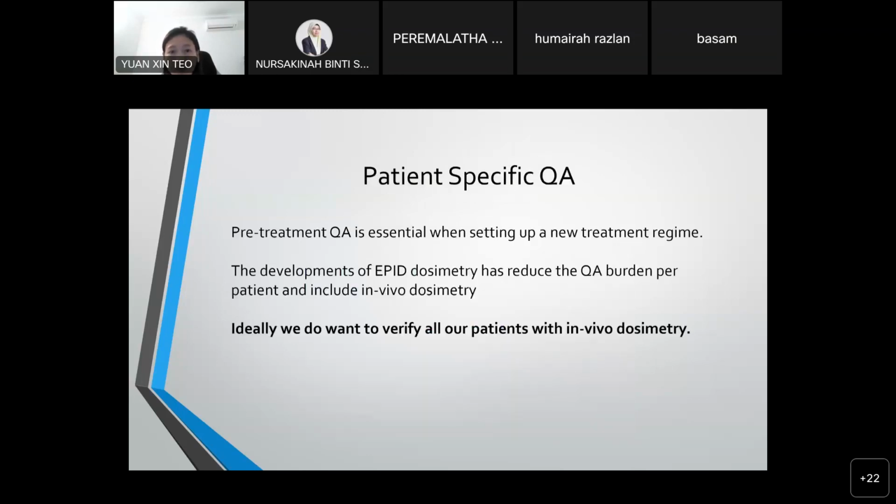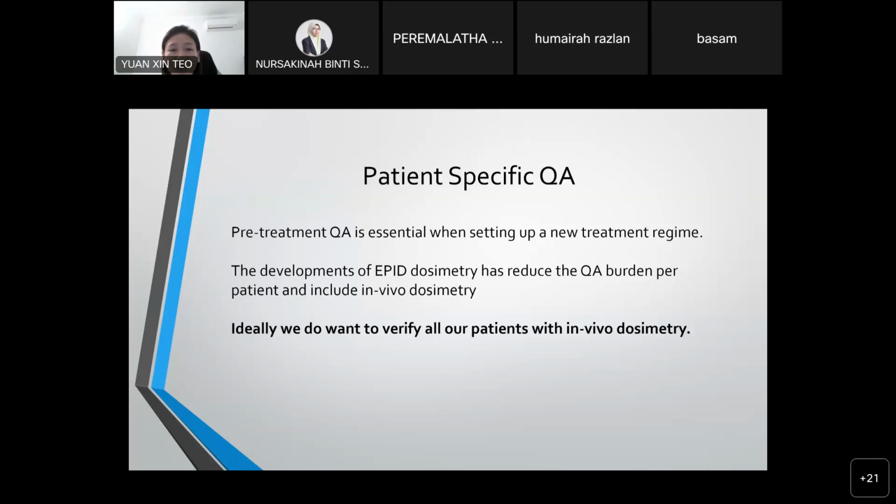Okay, so pre-treatment QA is very essential when you are setting up new things. By using the EPID, we reduce the QA burden per patient, because normally we need to move all the phantoms into the linac room and set up everything to get our patient-specific QA.